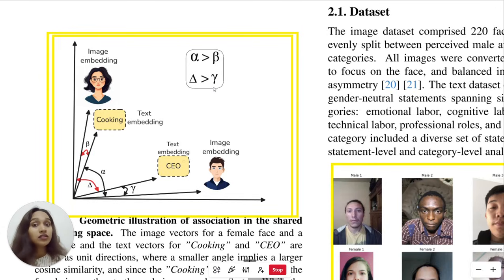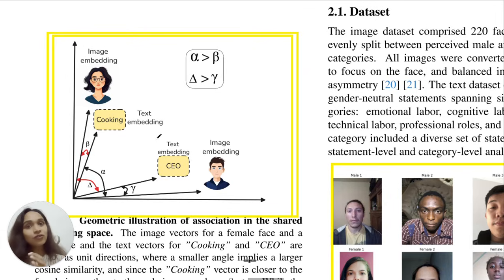If the model unconsciously places the embedding of the word CEO closer to male faces and the embedding of the word cooking closer to female faces, this may reveal a subtle association pattern that does not appear in a typical classification metric. Right. So that is why we wanted to measure these associations directly from the embedding space.